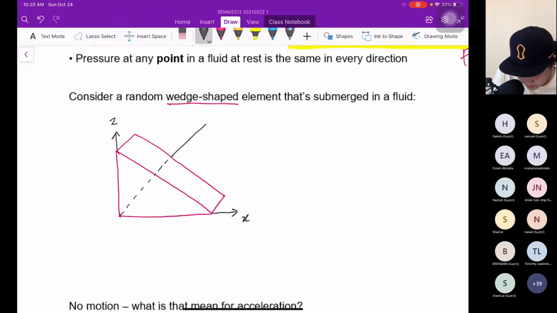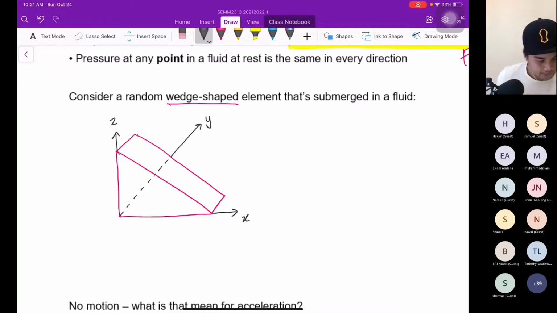For example, we have a wedge shaped element that is submerged inside the water.